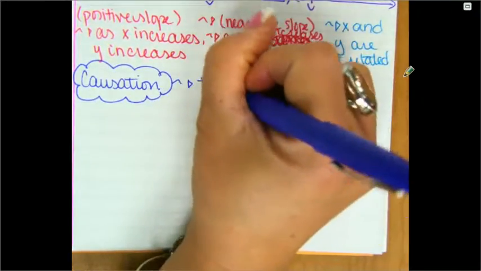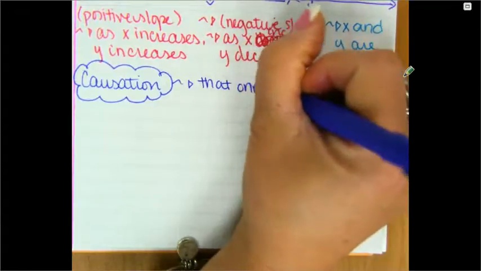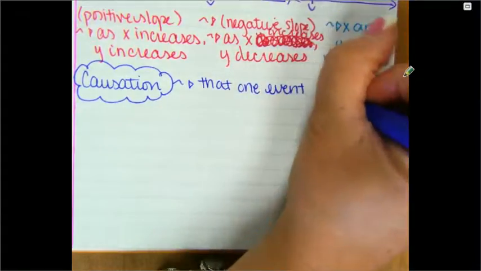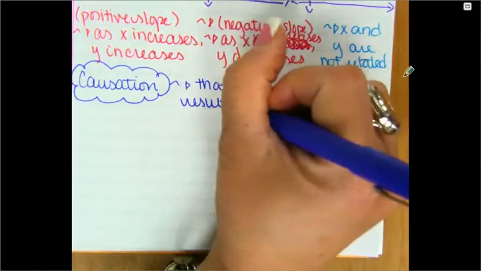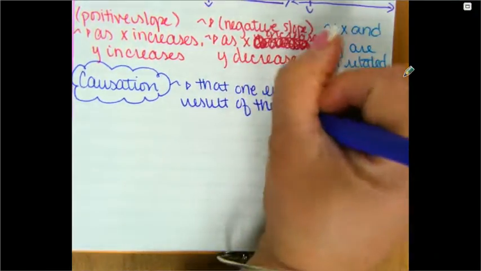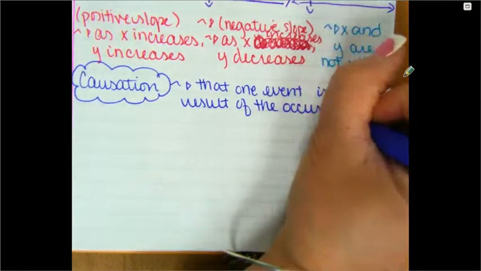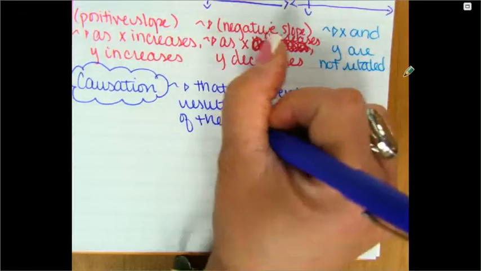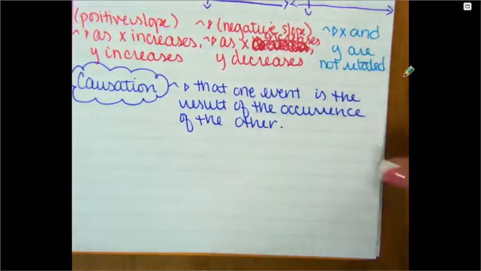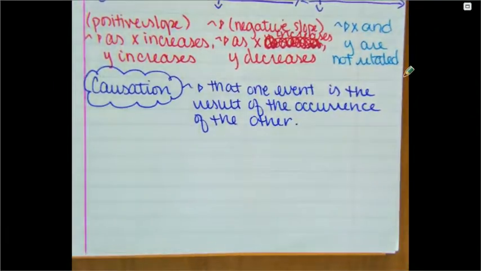The definition says that one event is the result of the occurrence of the other. Causation: one event is a result of the occurrence of the other.